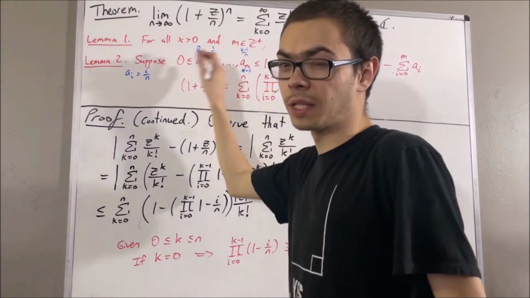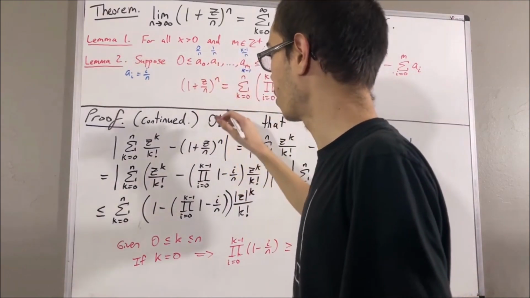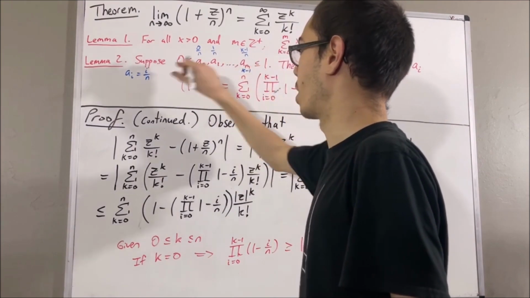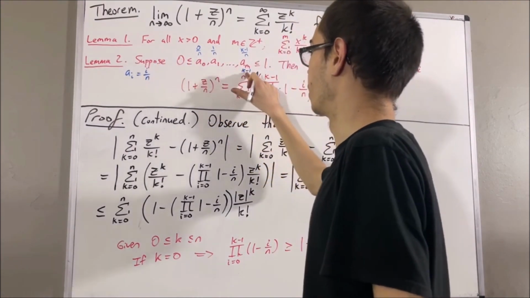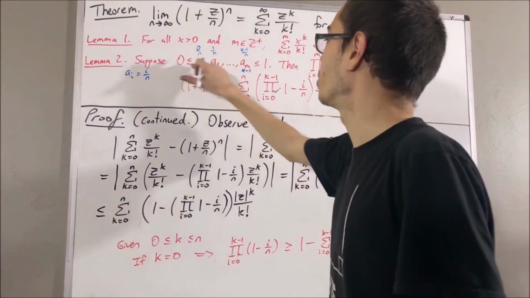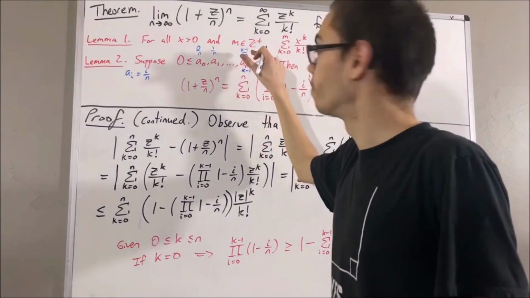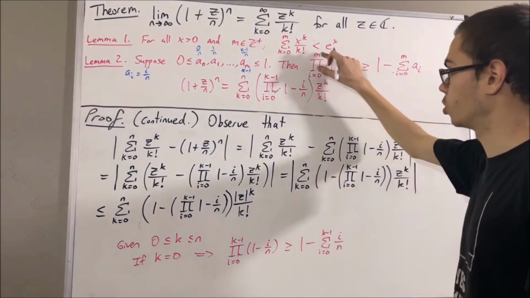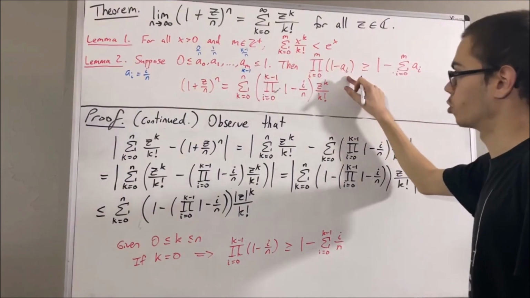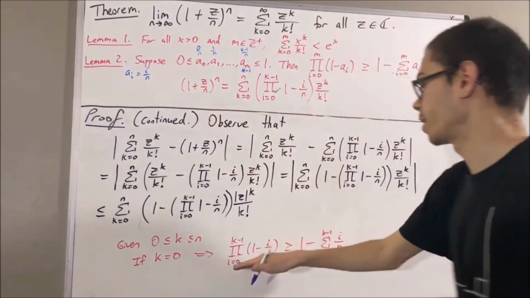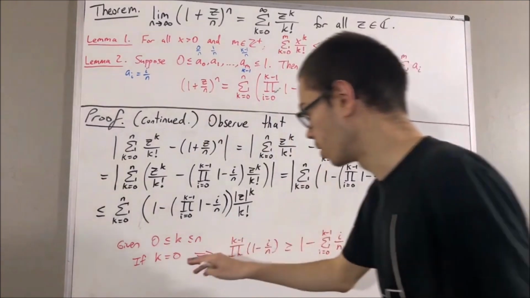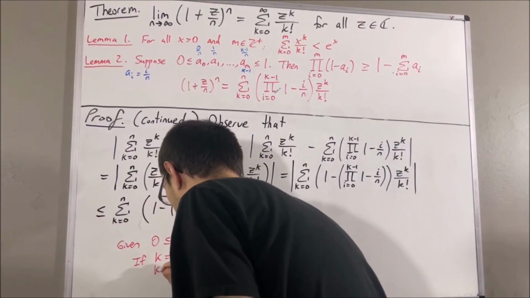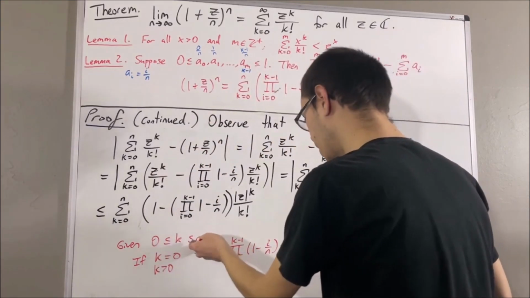Actually, we already showed that. Because, if you recall from earlier, we showed I over n lies between 0 and 1, where I was any integer between 0 and k minus 1. So yeah, all of these guys lie between 0 and 1. Therefore, we can conclude that this is true, where m is equal to k minus 1, ai is equal to I over n. But that's precisely what this is. So this is true if k is equal to 0 and if k is greater than 0. So no matter what k is, this is true.